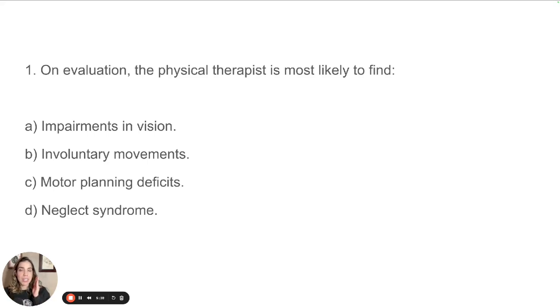When you're answering a question, I need you to start crossing out the answers that are not the right answer. Even when you're practicing, like if you have a Shepherd book or whatever, print these questions. You can print them from the ABPTS candidate guide, which is available online for you.